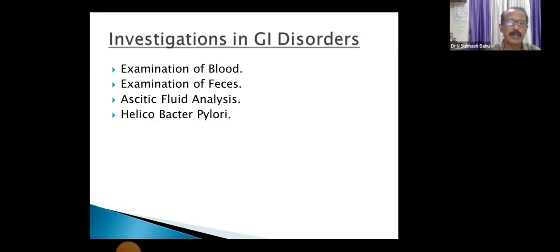So, if a patient comes to you with a continuous history of acidity, painful abdomen, especially with gastritis or epigastritis, continuous, without response to common antacids or medicines, then definitely you have to go for an antibody test for Helicobacter pylori.